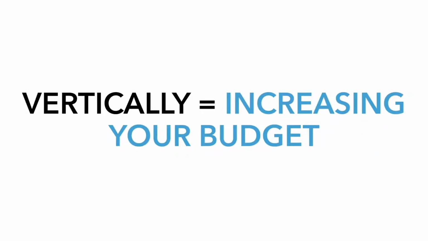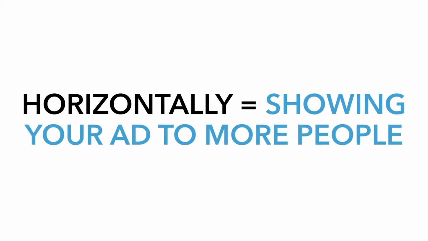By increasing your budget, you're going to show your ad to more people in that particular ad set. That's vertical scale. But horizontal scale is creating new ad sets that target different interests or different lookalike audiences so that you can scale that way too. Both of them are good and both of them can be done at the same time.